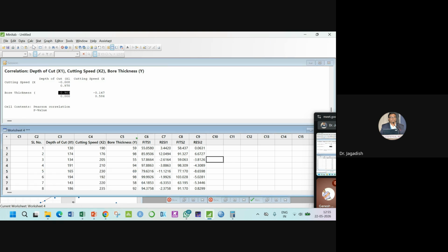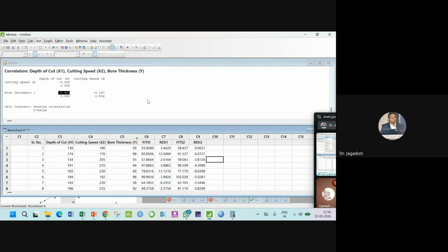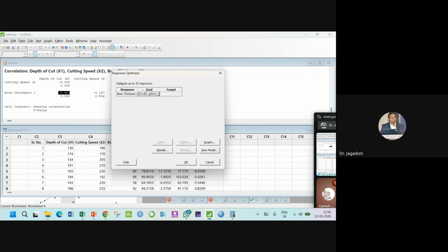Then we can study the prediction also. We can study the prediction of the response optimizer also. At what value of x should I consider in my model so that I get the appropriate value of y? That is also possible. Bore thickness is my output.